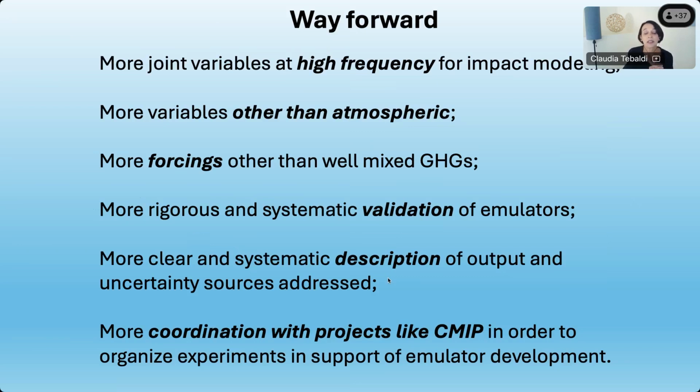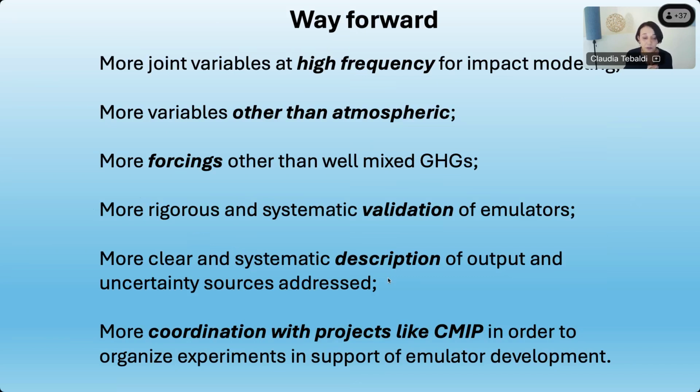So, joint variables coherently emulated at a high frequency, daily or even sub-daily. It's important that emulators address variables other than atmospheric variables, that they address the forcings that are not just well-mixed greenhouse gases, but are either short-lived climate forcers or land use forcing.